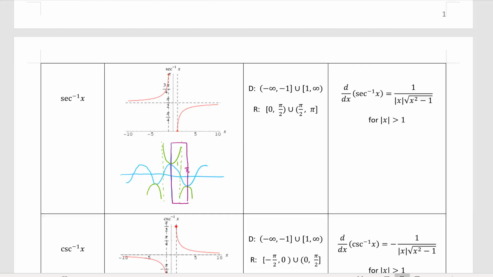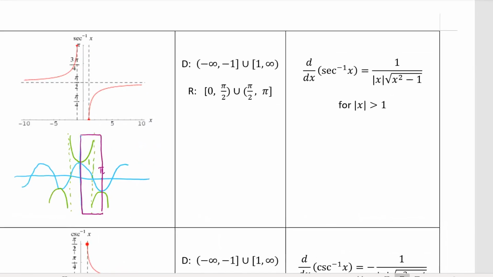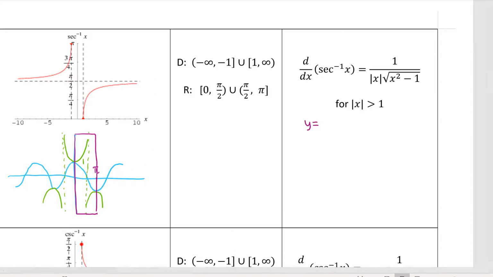How do we get the formula for the derivative of arcsecant? Similarly, we first let y be arcsecant of x, then x is secant of y. When we do implicit differentiation, the derivative of secant is secant tangent times y prime. The derivative of x is 1.